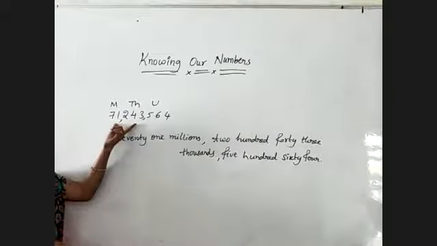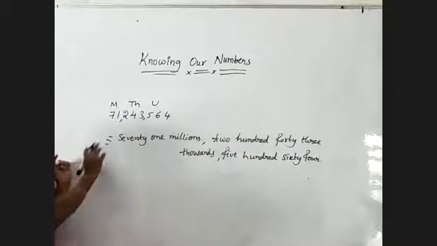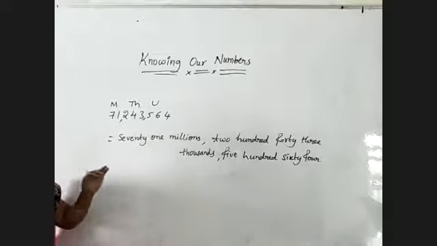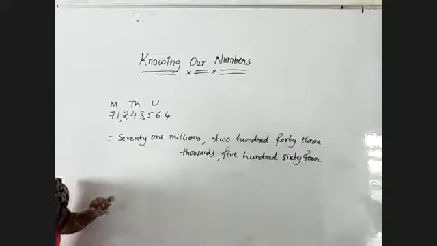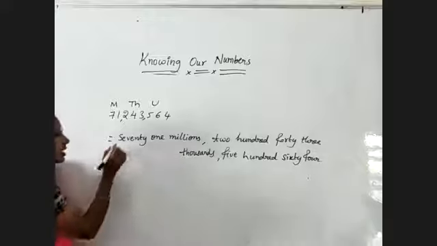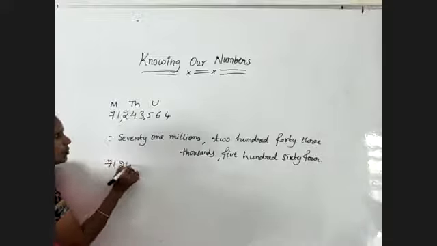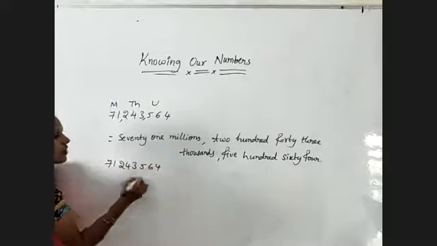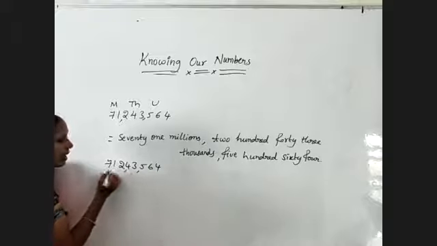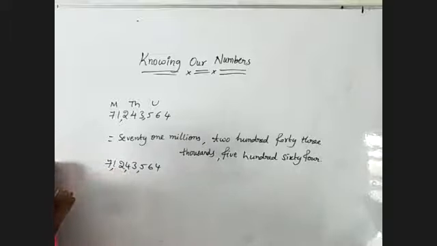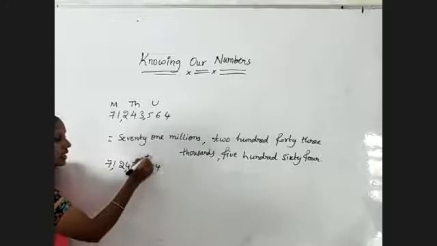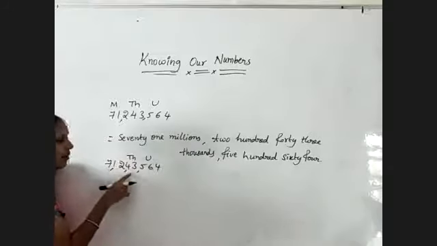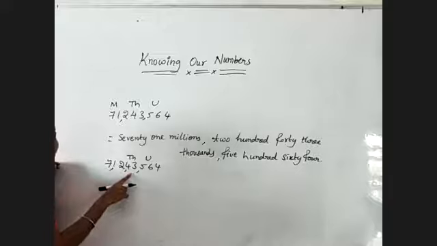By observing the commas you can write. If they did not give commas, they will mention in which system we need to write. Suppose I have the same number, 7, 1, 2, 4, 3, 5, 6, 4. Now I have given the commas in this way. Observe that the units period is there and the thousands place has only 2 digits. That means it is the Indian place value system.